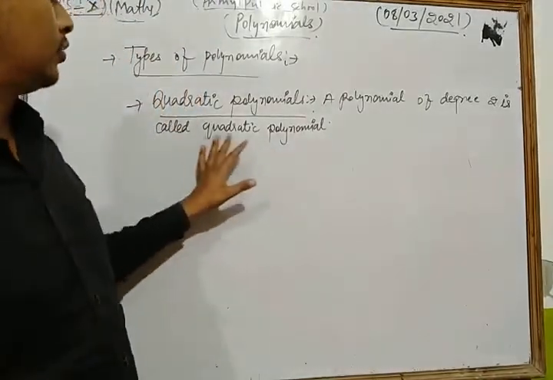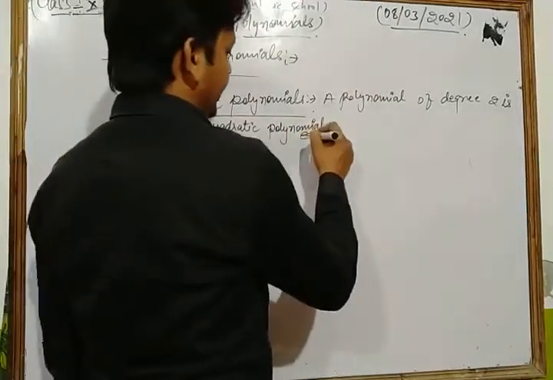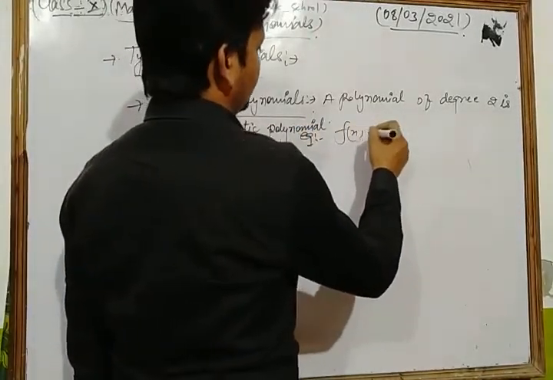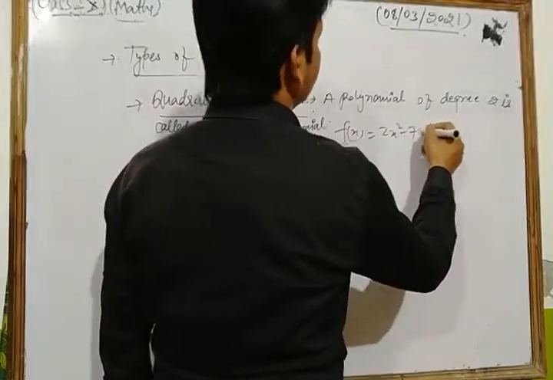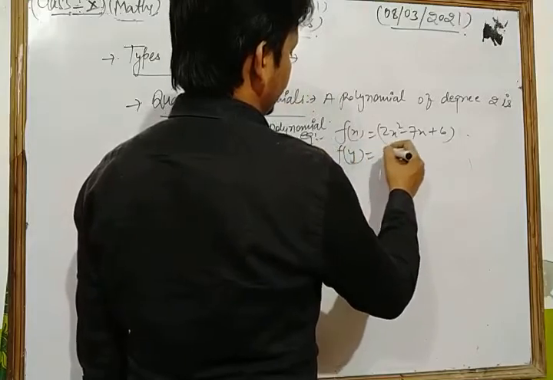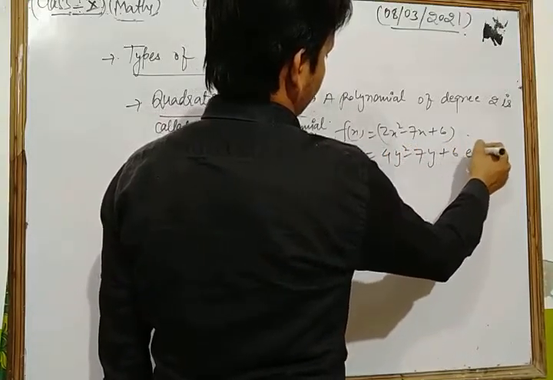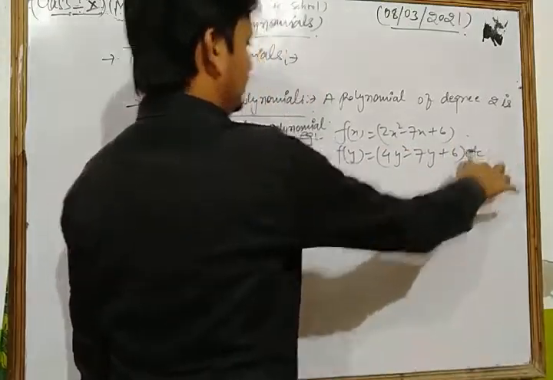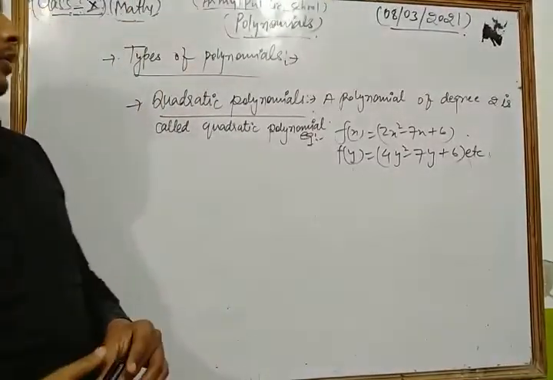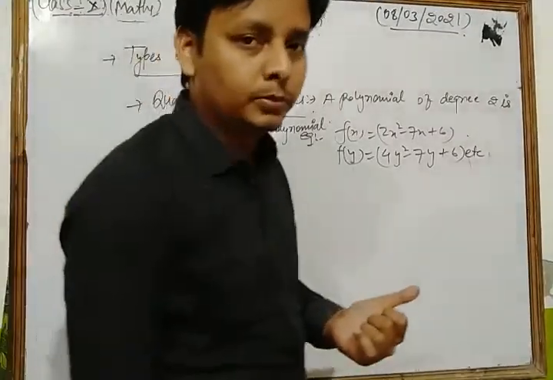For example, suppose a polynomial in the form 2x square minus 7x plus 6, and another, f of y, we write as 4y square minus 7y plus 6, etc. These are all quadratic polynomials. Why are they called quadratic polynomials?